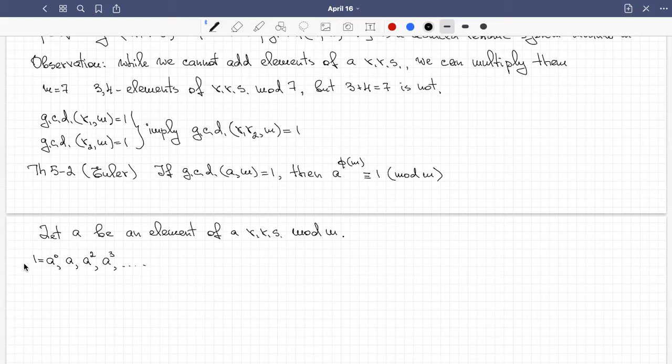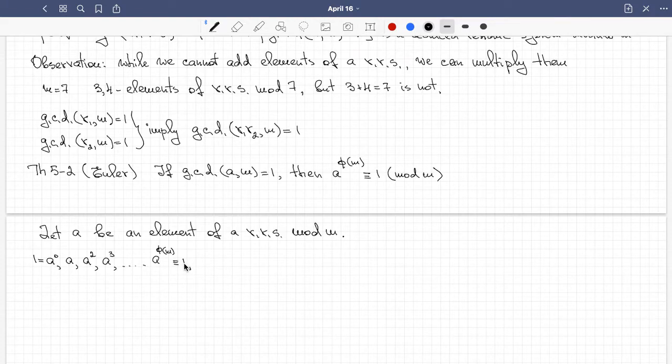We think about this not really as numbers, but as representatives of classes modulo M. So at some moment, we will get A to the power phi of M, which is the same thing as 1. And after that, we continue doing the same thing, multiplying by A at every step.